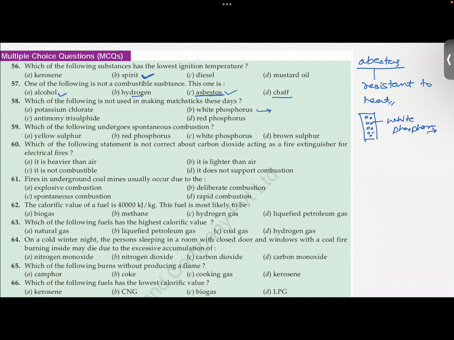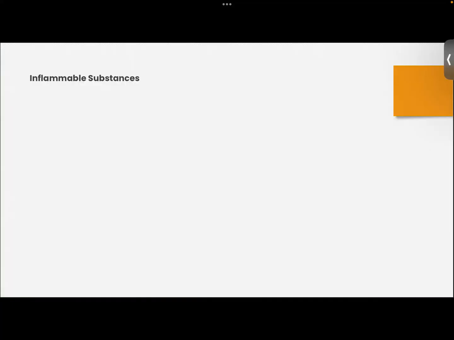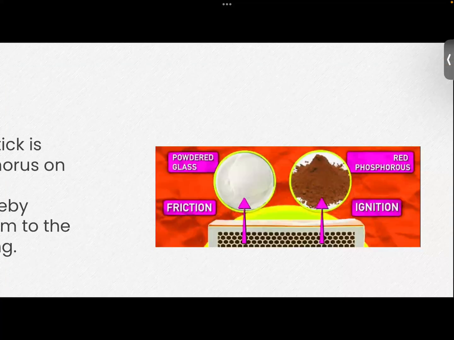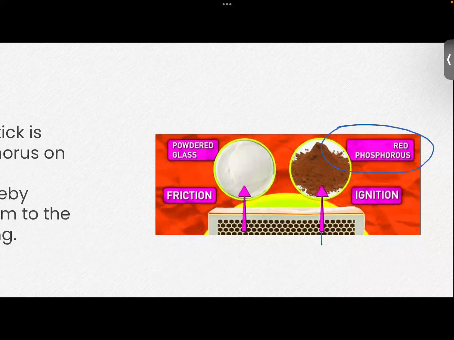Sir, brown sulfur? Sir, it's red phosphorus. No, it's white phosphorus again here. If you remember the burning of a matchstick, look here. This is made up of white phosphorus. See this figure here? The strip is made up of red phosphorus.